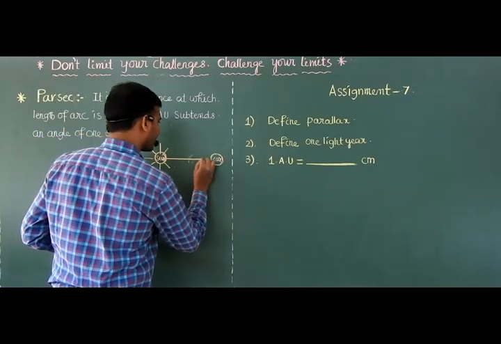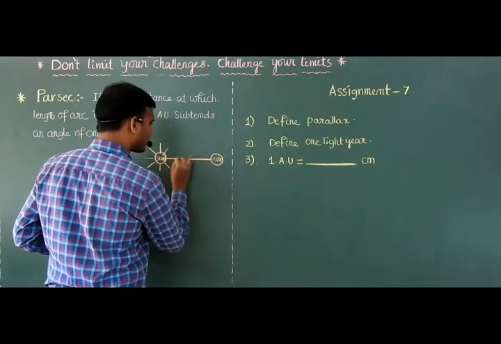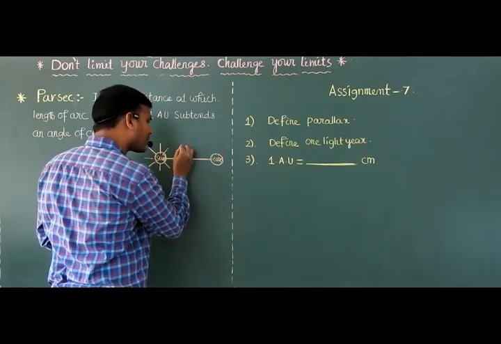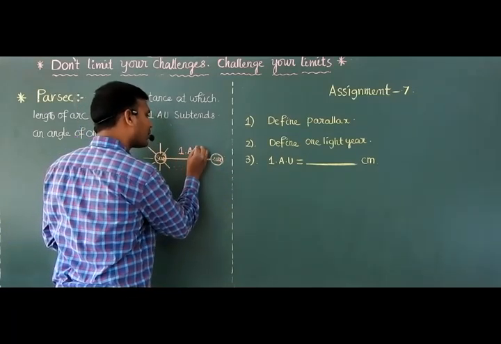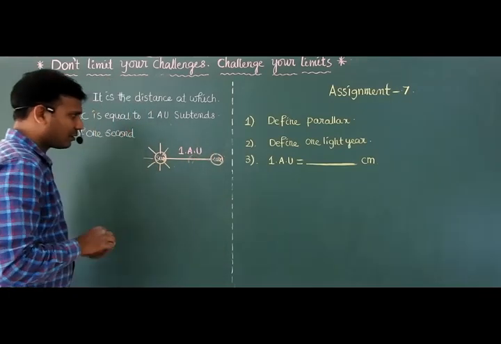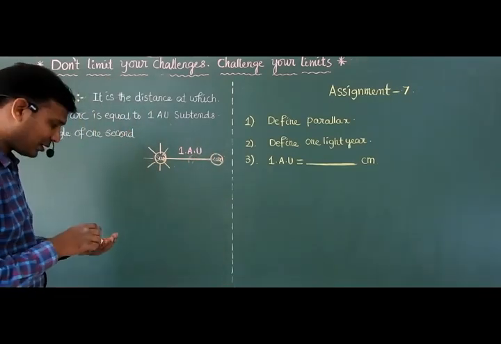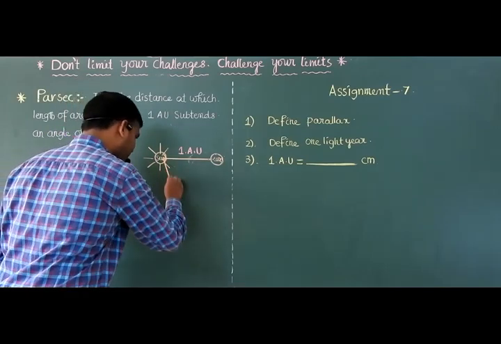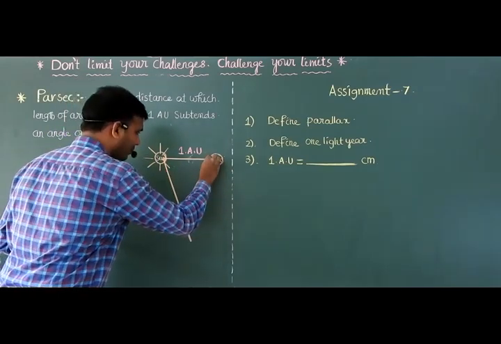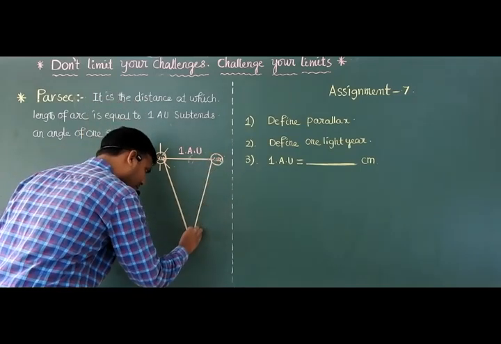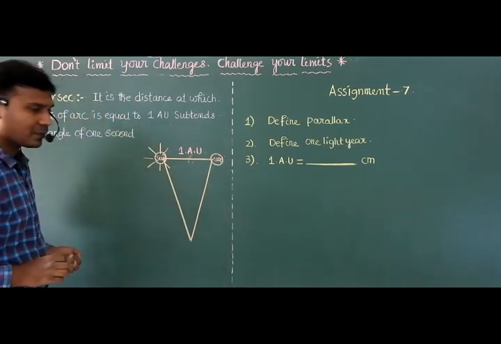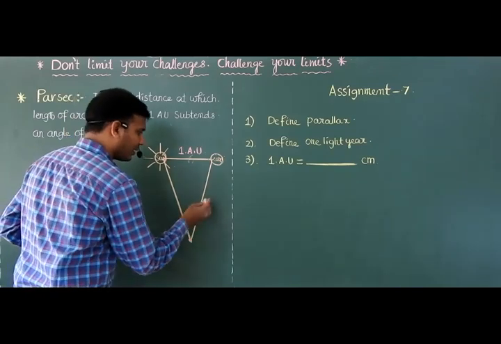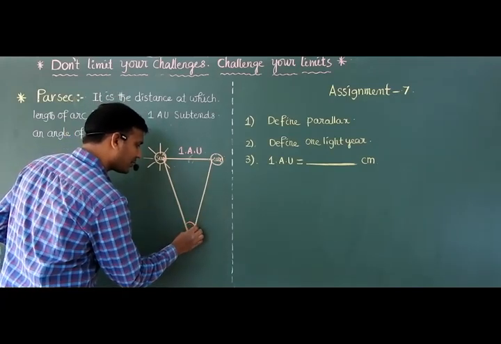Then the distance between sun and earth is how much? Just now we discussed. The average distance between sun and earth is 1 astronomical unit. Right? Then here it is theta.